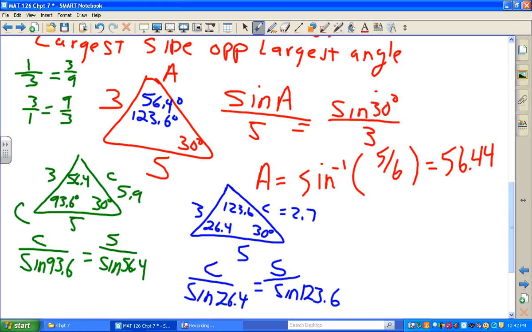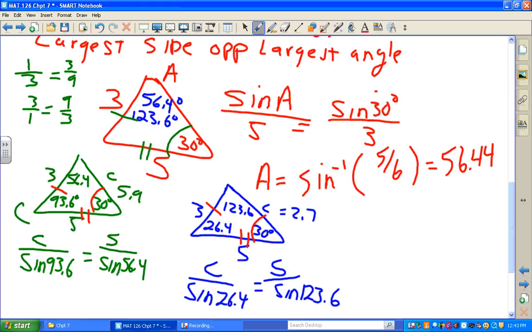This one shows why you can never use the side side angle approach for proving triangles congruent. It's known as the ambiguous case.